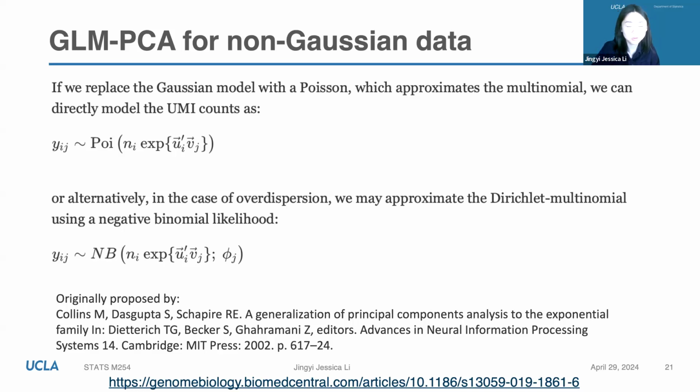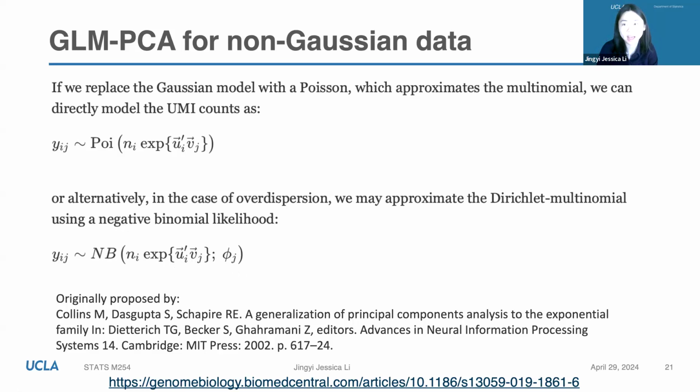So here you need some way to turn this into an eigen decomposition problem in your iteration. It's an iterative algorithm. Then you end up getting u i and v j, so the results are still the same format as PCA, but you get them by maximizing this likelihood.